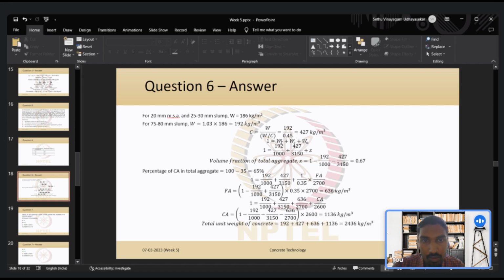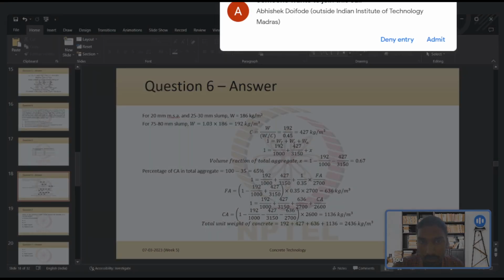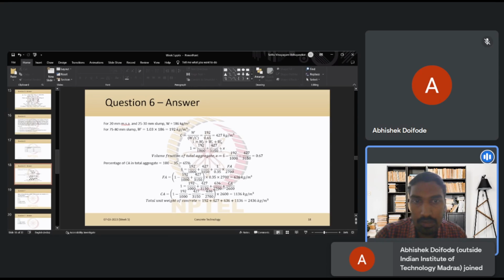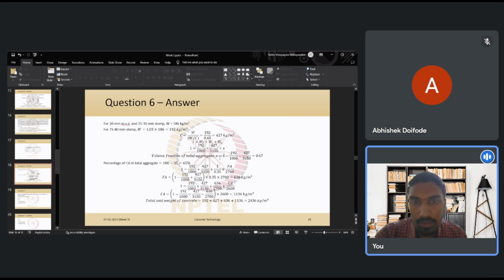The volume fraction from water is its content divided by water's unit weight, plus cement content divided by cement unit weight, plus the volume fraction of the aggregate. Using that we found the volume fraction of aggregate, and it came out to be 0.67, so 67% of the volume is occupied by the aggregate in the concrete mixture.